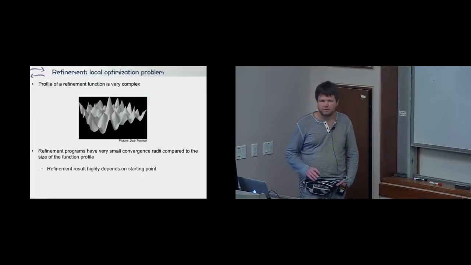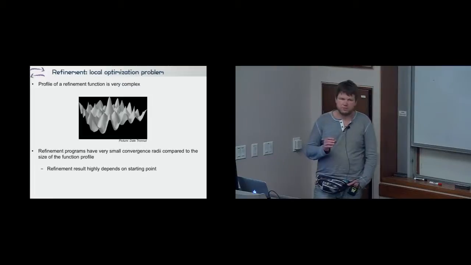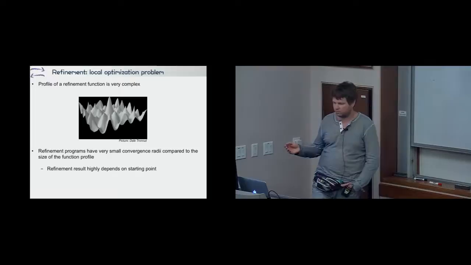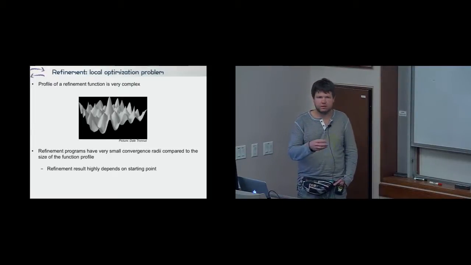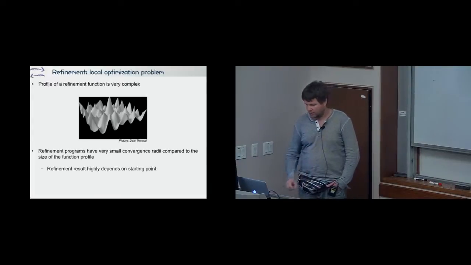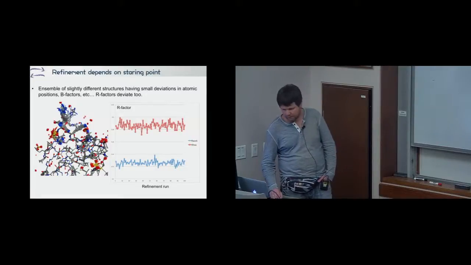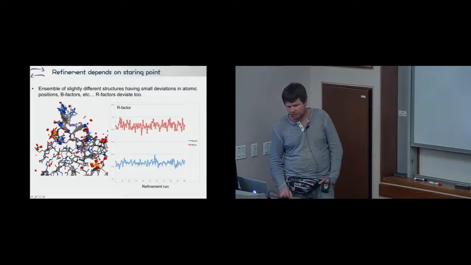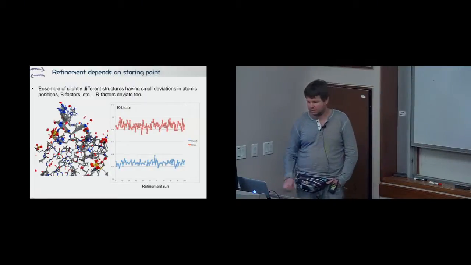What that means is that even slight changes in the input structure might generate slightly different results in the output refined structure. For example, we can take a structure and run 100 simulated annealing refinement runs with different random seeds. Everything is identical, just different random seeds. And in the end, what we get is an ensemble of structures, like here, that are all essentially similar, but slightly different in details.